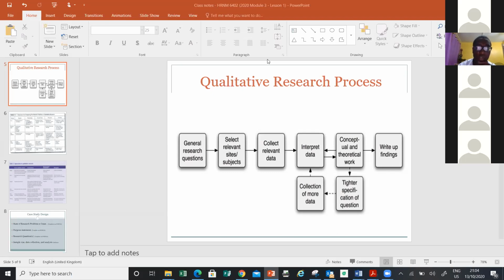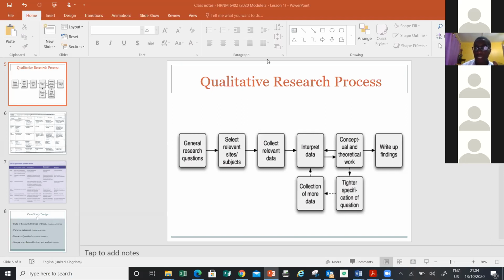So think about you're doing an interview. You're the researcher here, you're going to do an interview. What are the questions that you're going to ask the interviewee? I've given you 3. But you will also have to develop a protocol.